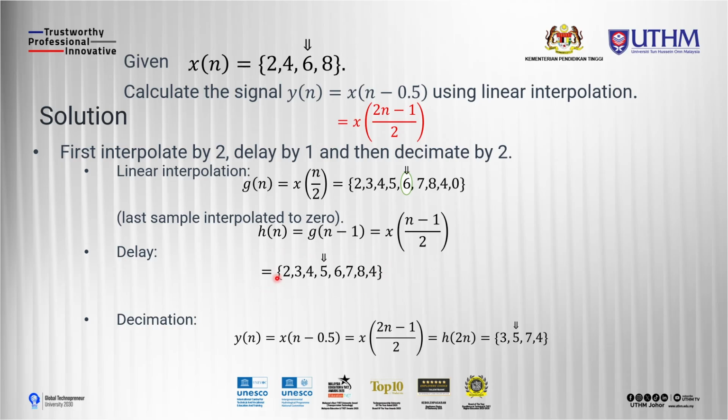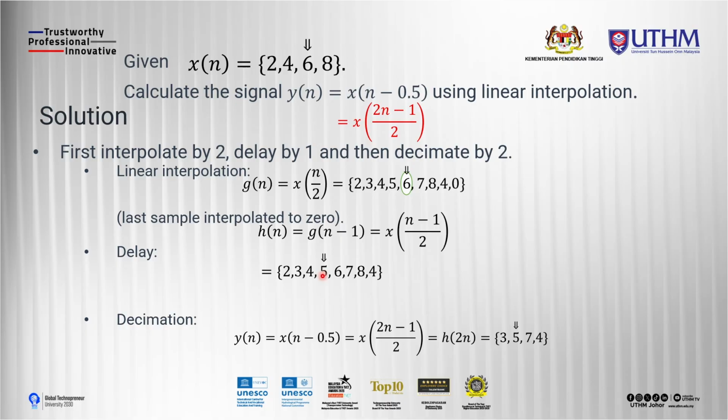So which value should I take? You should take 2, 4, 6, 8 or 3, 5, 7, 4. Which one? The answer is you have to follow the origin symbol. All the answers must include the origin symbol.